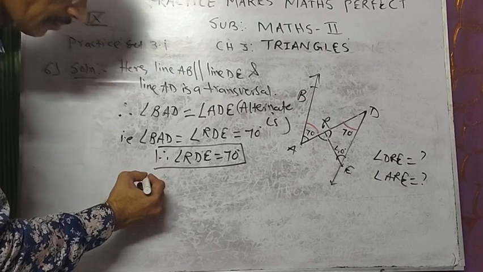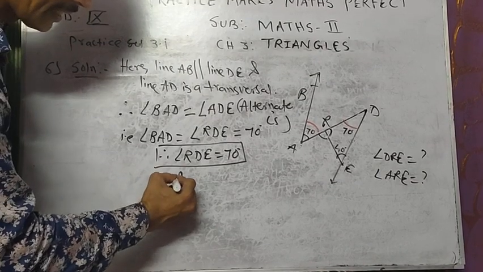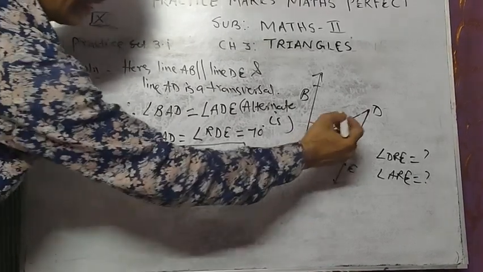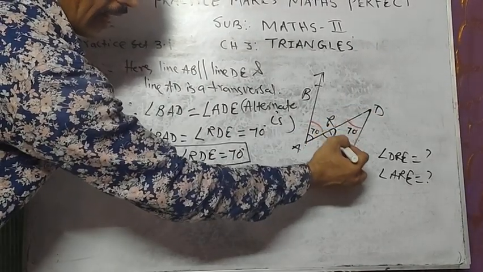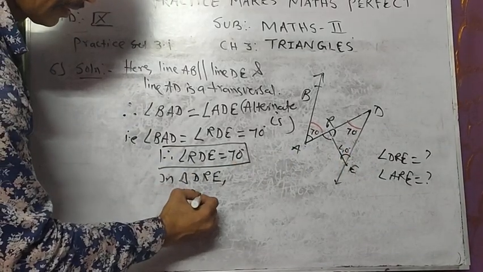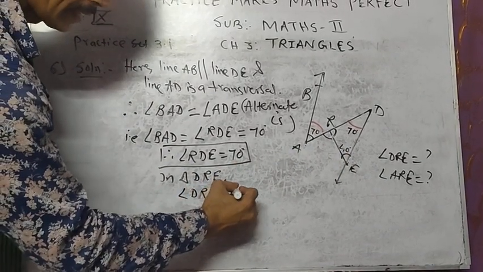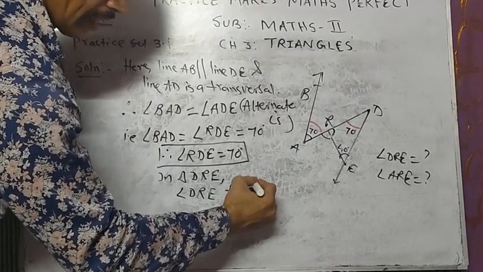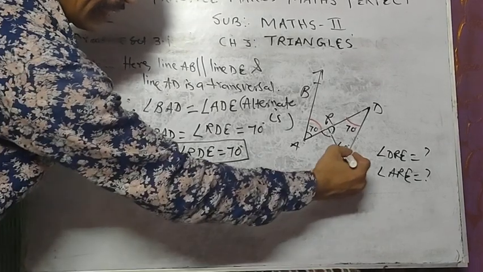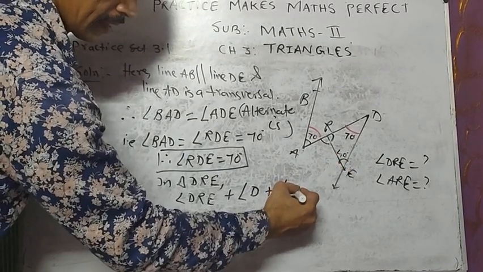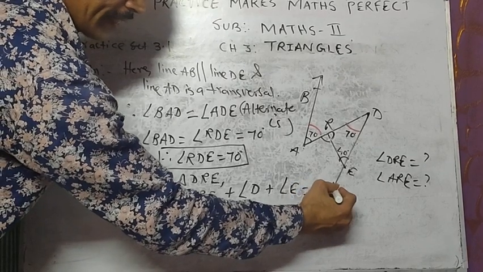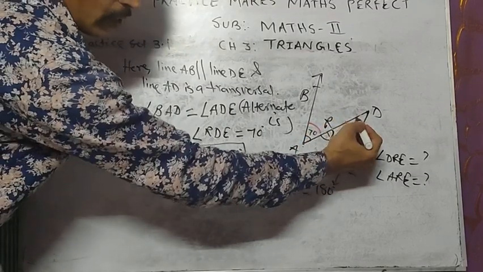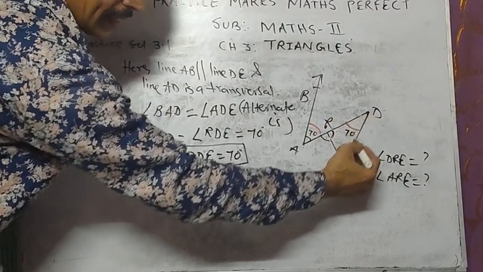So I am writing, in triangle DRE, angle DRE, this angle we have to find out, plus angle D, plus angle E is equal to 180 degrees. You can also write this with the three letter name. For D you can write angle RDE.